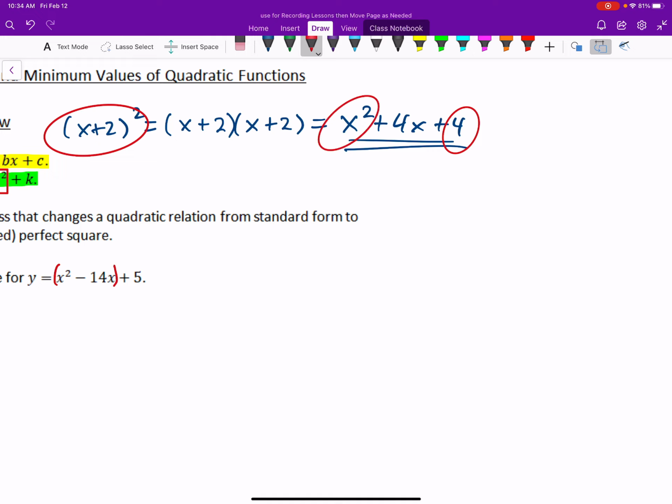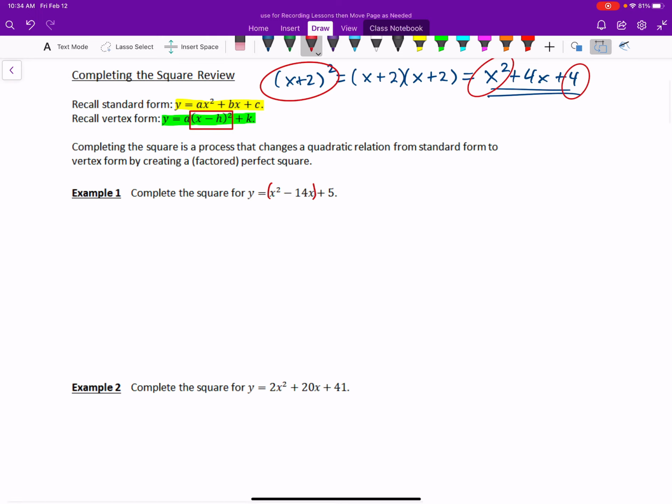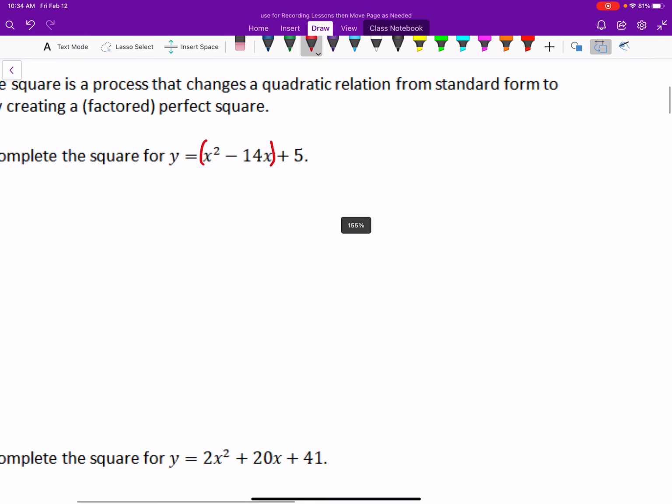And my first number is always a perfect square as well, or my variable, x squared, is also a perfect square. I could take the square root of that, which would just be x. So you want to start by putting brackets around your first two terms. And you're going to create your perfect square within that.